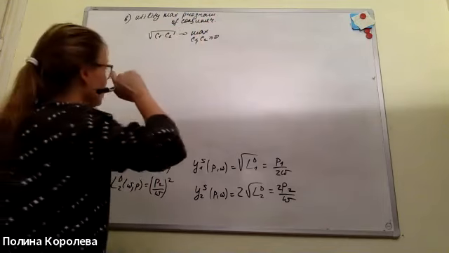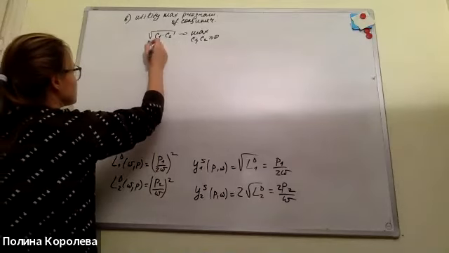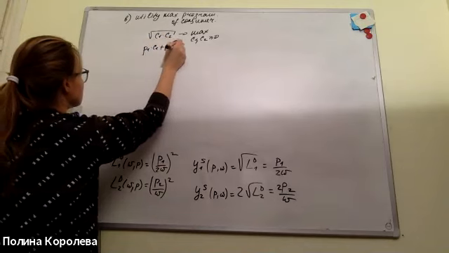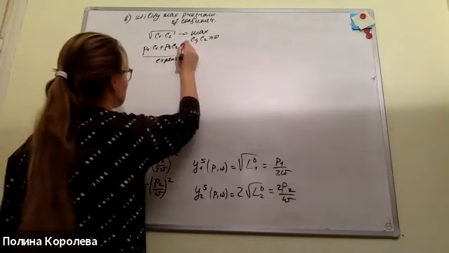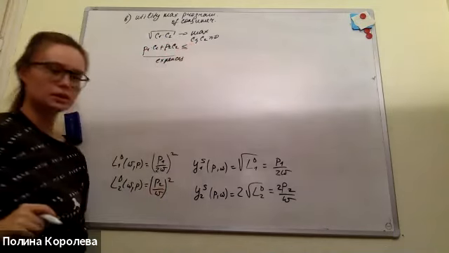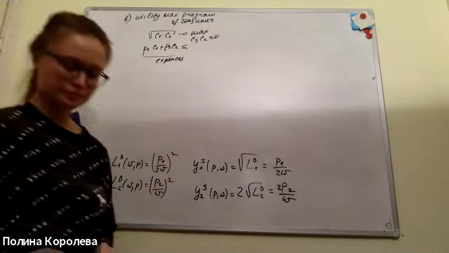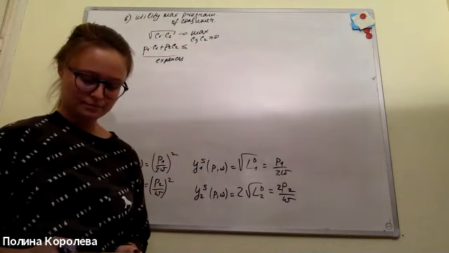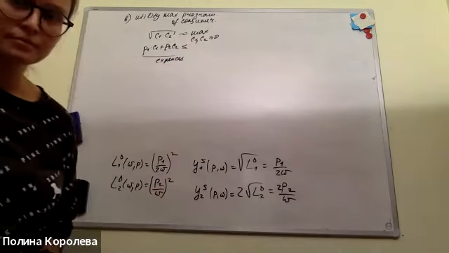Yes? Our consumer will spend money on C1 and C2. So it will be P1 C1 plus P2 C2. These are expenses. And they should be less or equal than his income. From where does our consumer get his income? From labor.